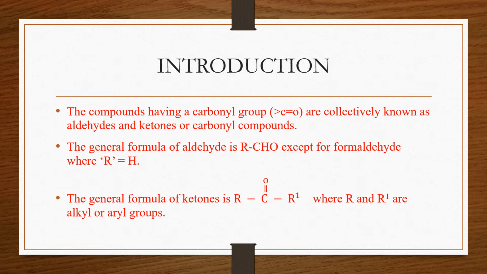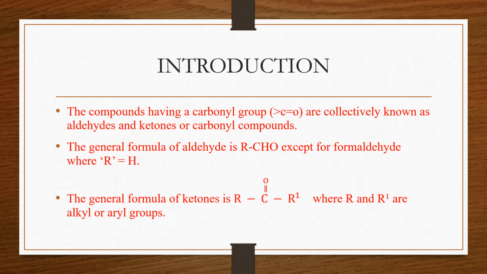So what is a carbonyl group? A carbonyl group is C double bond O. Whichever compound has a C double bond O group is called a carbonyl compound. And under these carbonyl compounds, we have aldehydes and ketones.